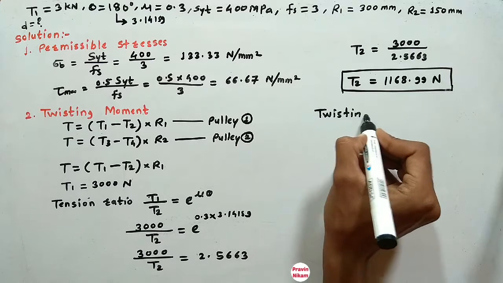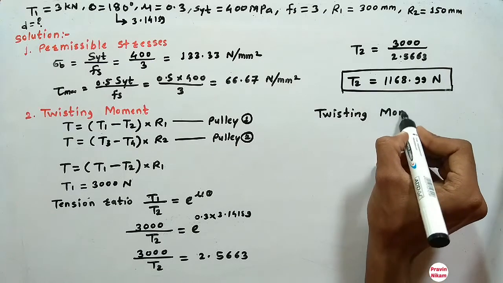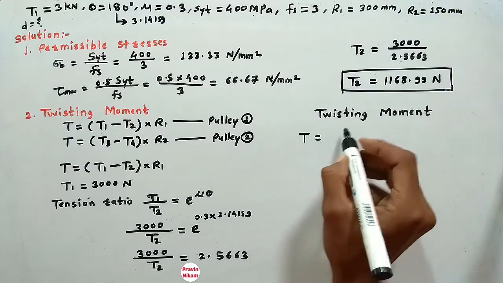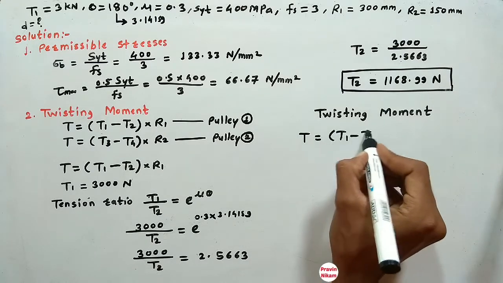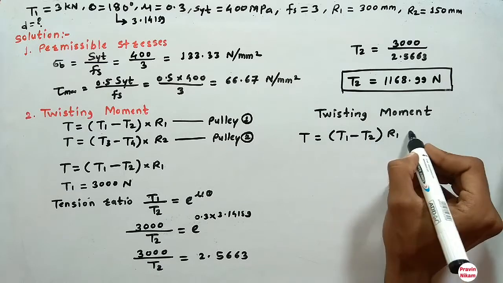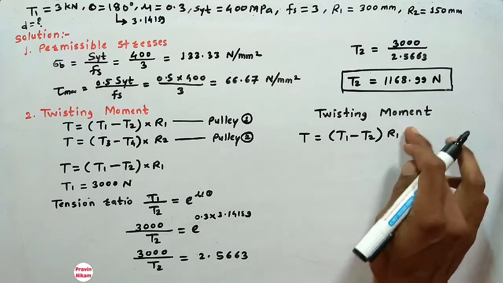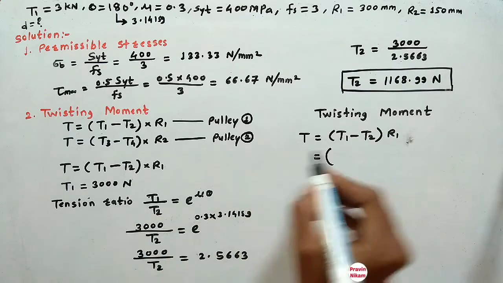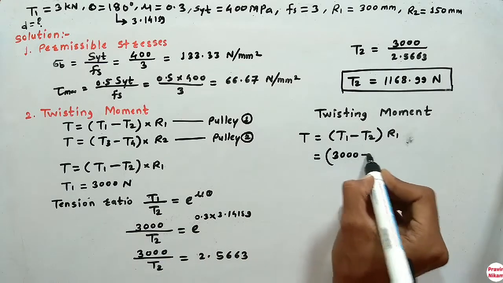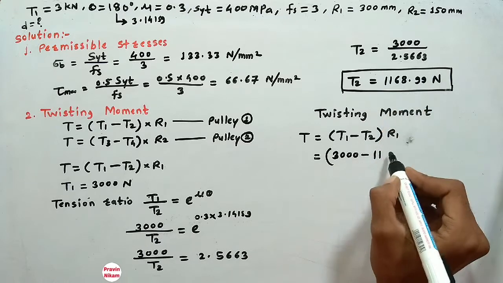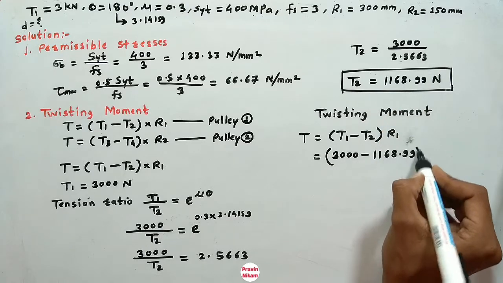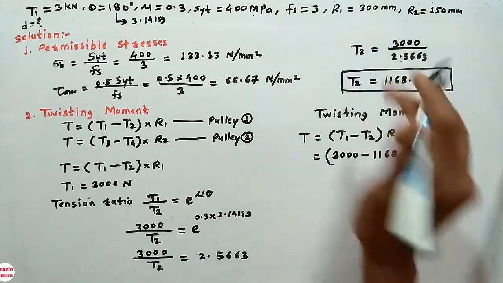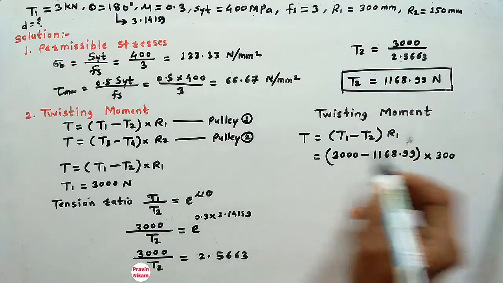Now twisting moment. Let's find twisting moment, that is torque T. So torque T is equal to T1 minus T2 into R1. Now let us put the values. So T1 is 3000 minus T2 is 1168.99 into R1, that is radius of pulley B, is 300.